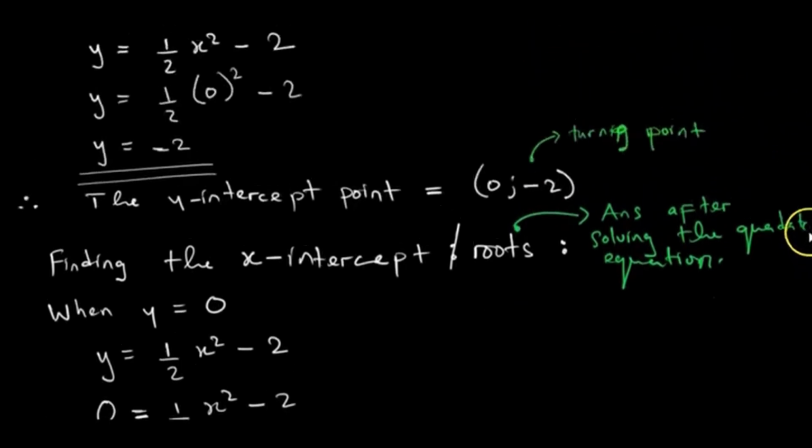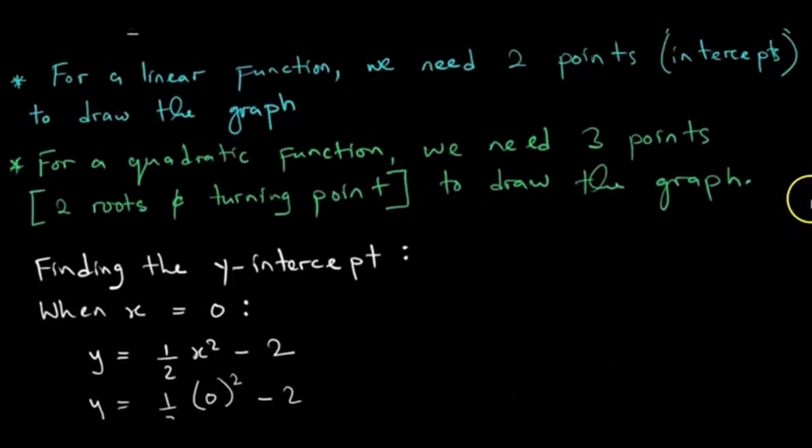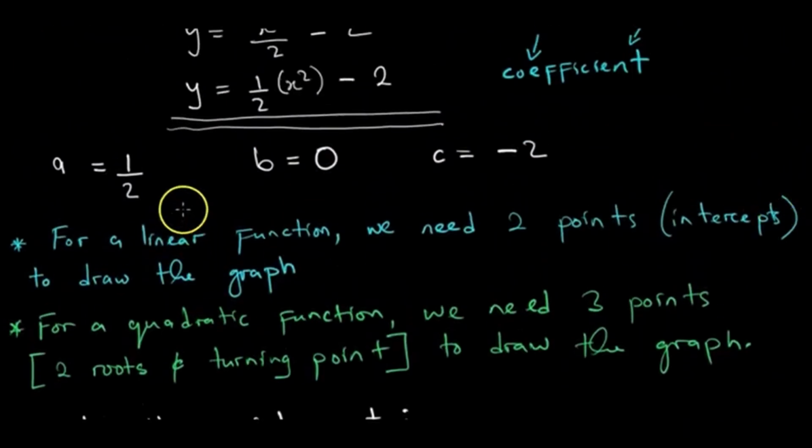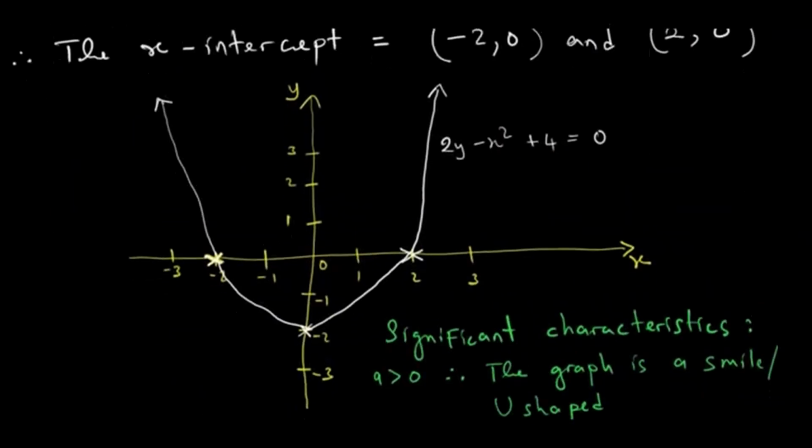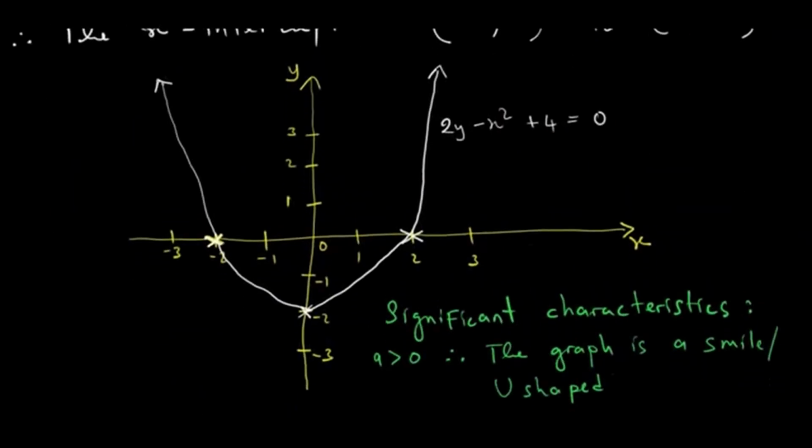If we come back here, where we found the value of a, we see that a is equal to half, and of course 1/2 is greater than 0. So if a is greater than 0, we have an idea of what the graph is going to be like. It's going to appear like a smile. As you can see from the graph, it is U-shaped.